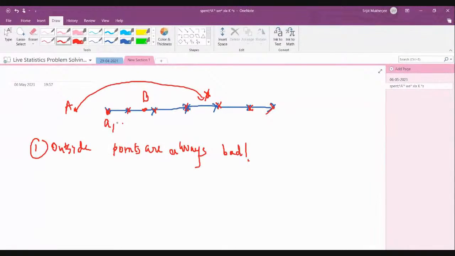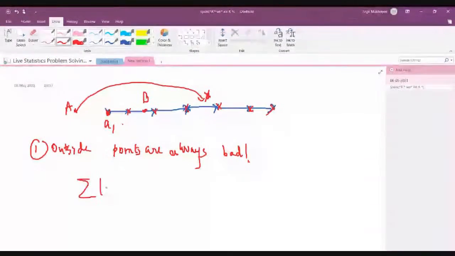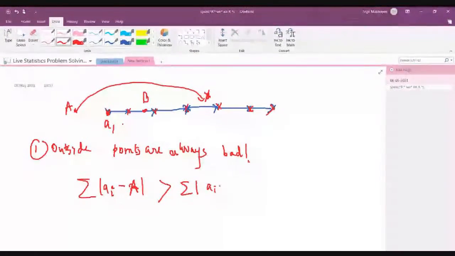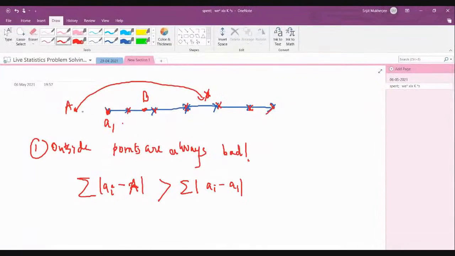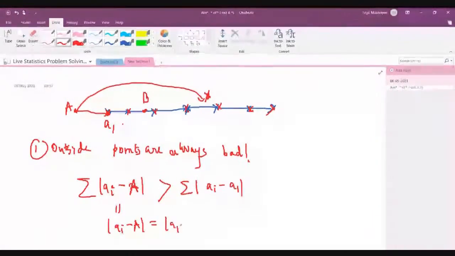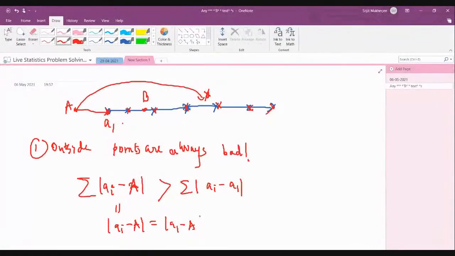Since A1 is the smallest, the summation of |A1 minus x| is greater than the summation of |Ai minus A1|. Why? Because this distance is equal to this distance, A1 minus A, plus A1 minus that other point. Okay. Did you get that?